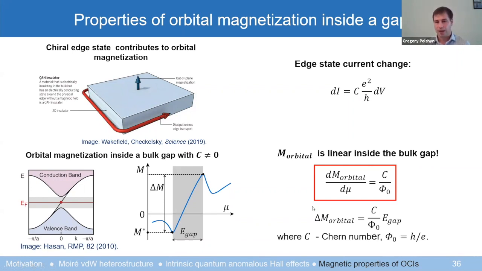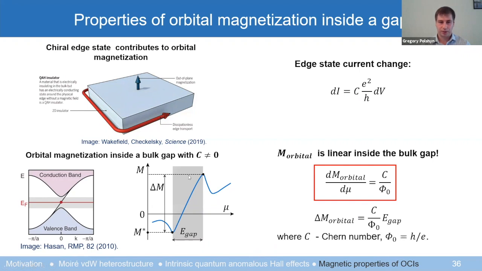And if one makes an estimate of what that jump of magnetization will be for these topological graphene moire systems, one will again get some number which is larger than the maximum spin magnetization. So even from this back of envelope calculation, one can find that the total magnetism predominantly arises from the orbital motion of the electrons.